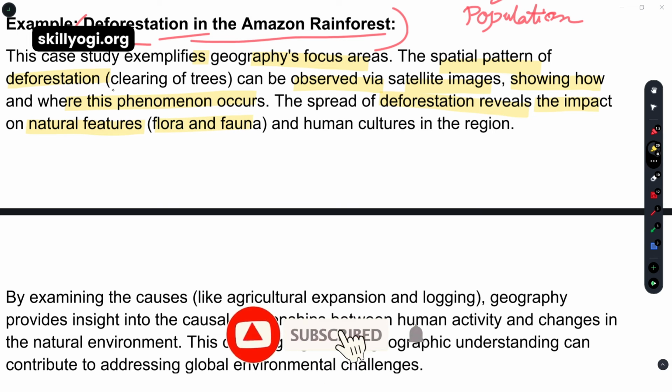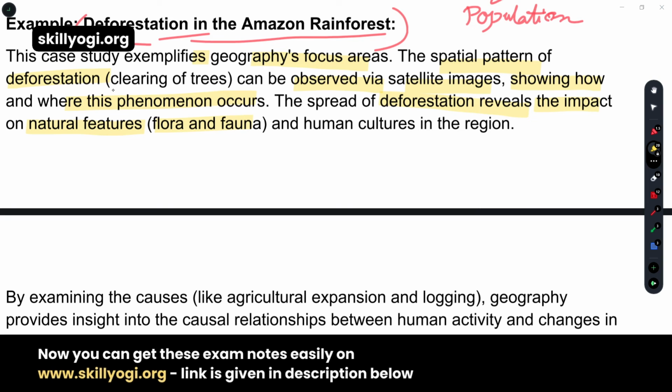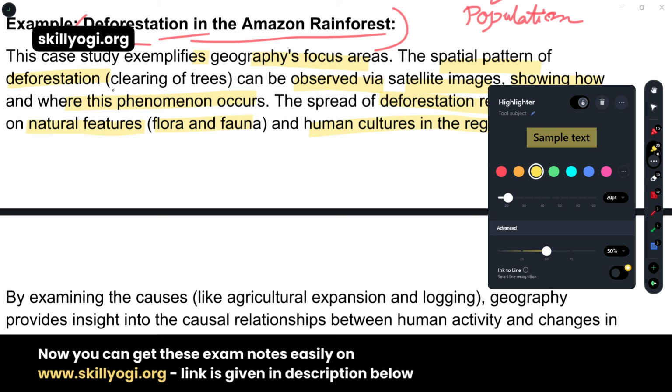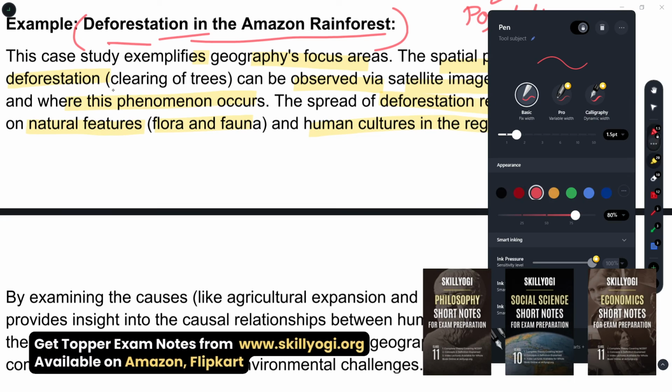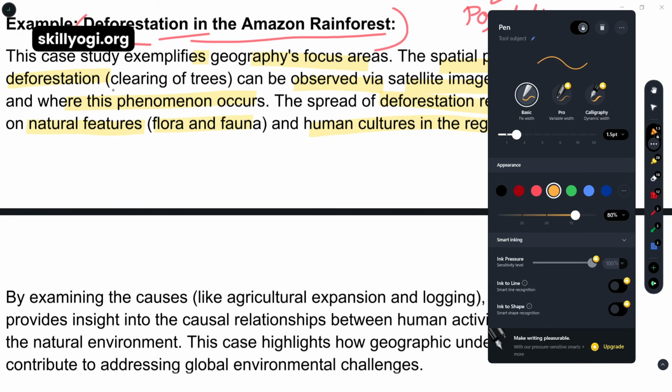Exactly, obviously deforestation doesn't mean only the cutting of the trees. Where the animals stay, the animals' shelter is obviously the forest area. So if you are cutting or clearing the forest and the trees, where will they live, where will they stay? So both of them will be affected by this. And human cultures in the region, because you can also note this down.